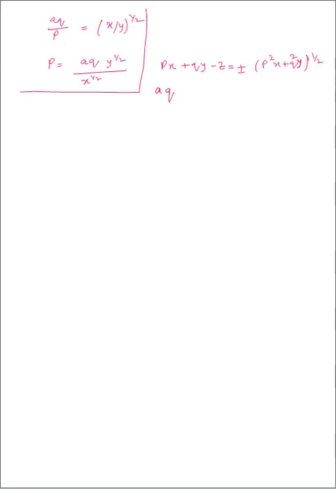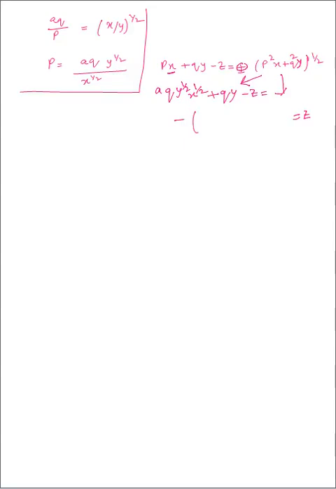aq y to the power half and x to the power multiplied by x denominator, so remaining is x to the power half plus qy minus z is equal to, we take only positive side and it will be same here. Now we put in here also, this comes, we bring this on this side, z on this side, so minus, and this term we will write p square x.